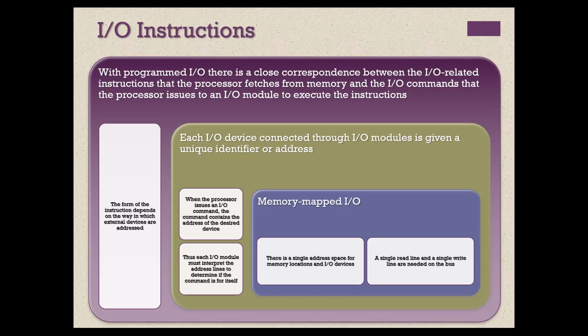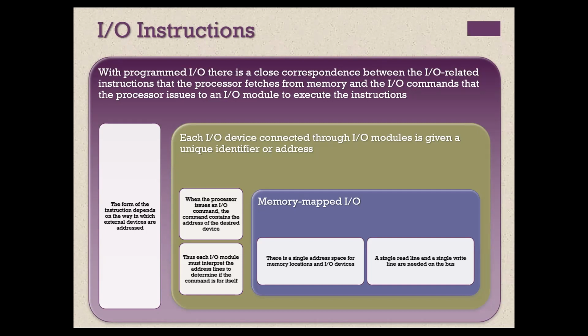That is to say that the instructions are easily mapped into IO commands, and there is often a simple one-to-one relationship. So the form of the instruction actually depends on the way in which the external devices are addressed.